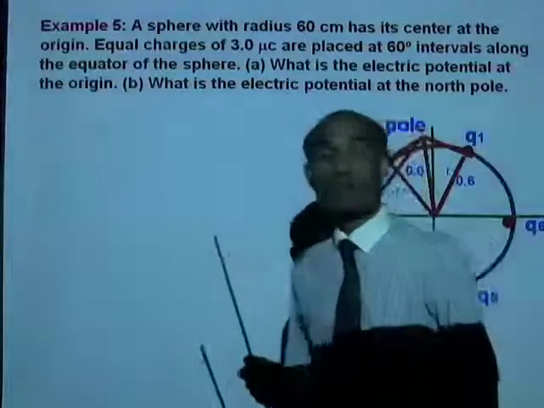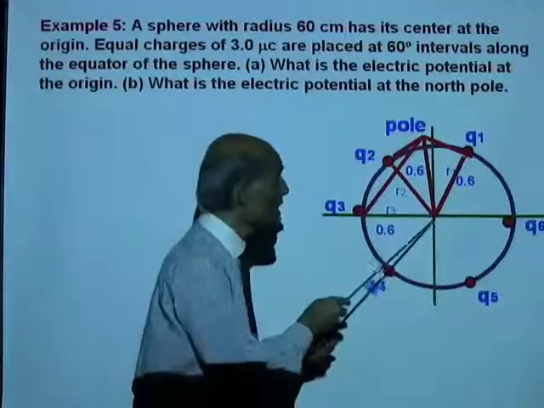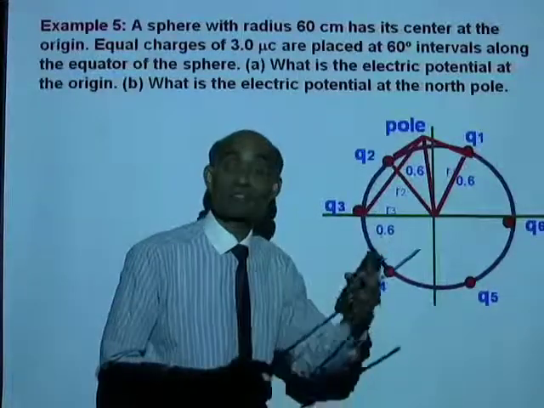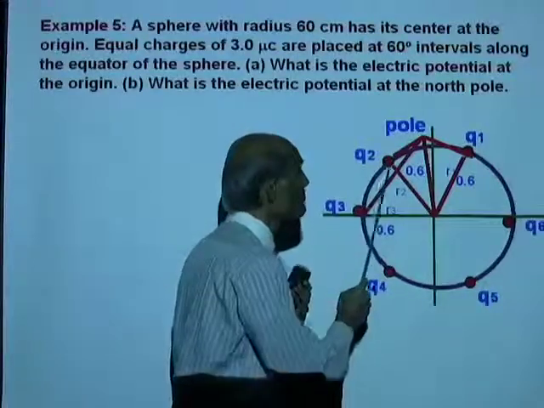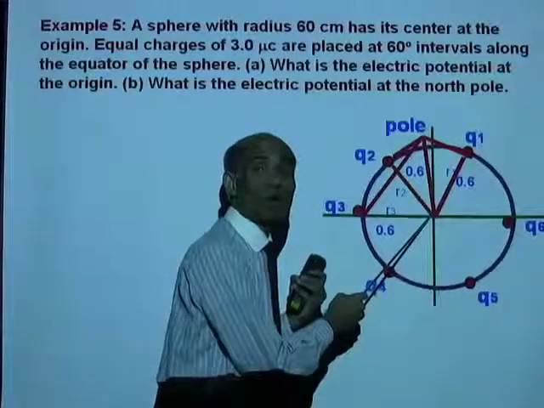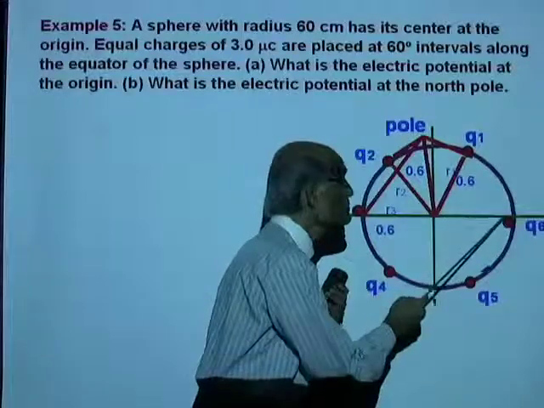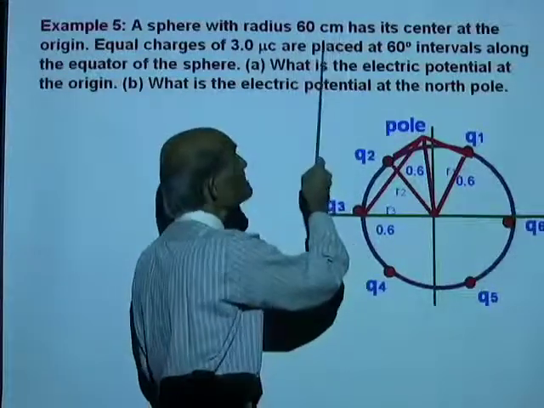Well, the most important quantity you need to find the electric potential at a point is the distance of the charge from that point. Now, if you notice, each of these charges is at the same distance from the origin. And what is that distance? That distance is the radius of the sphere, which is given to be 60 centimeter.